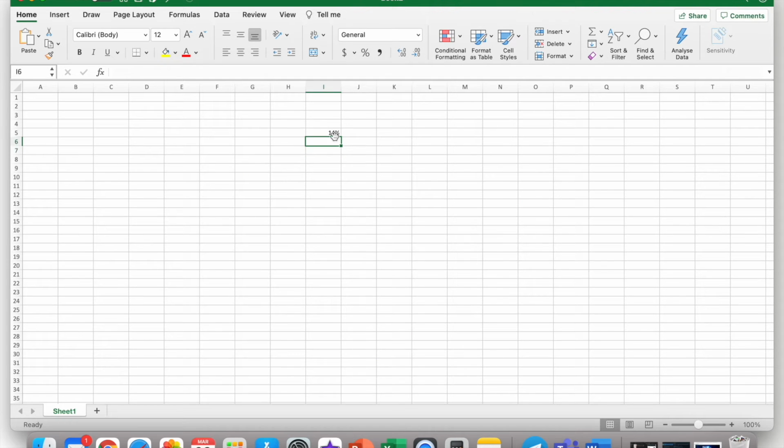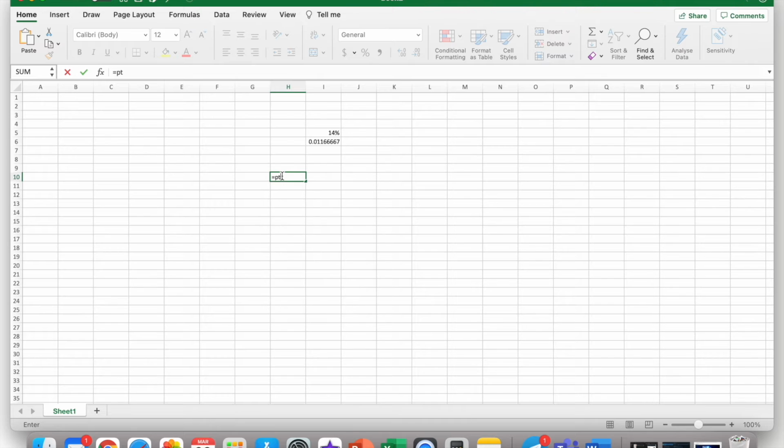Dividing by 12 will give you the rate applicable for you. When you divide 14%, which is your rate, by 12, it gives you the rate at which you are paying the bank every month. So this formula clearly works on a per month basis.